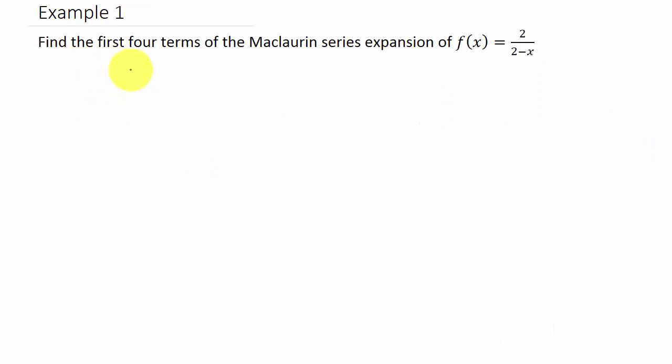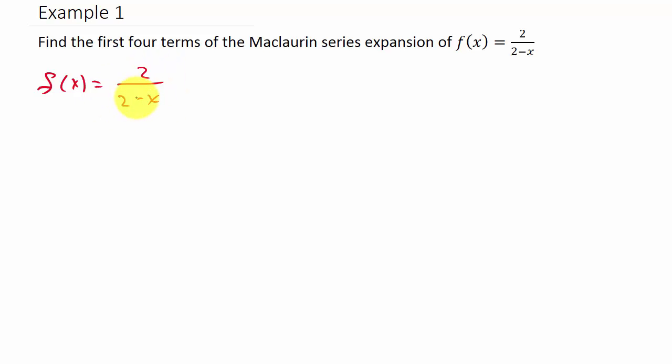Alright, they want us to find the first 4 terms of the Maclaurin series expansion of f of x equals 2 over 2 minus x. Finding the first 4 terms means we're going to have to find all the way down to the third derivative. So let's write down f of x is equal to 2 over 2 minus x.